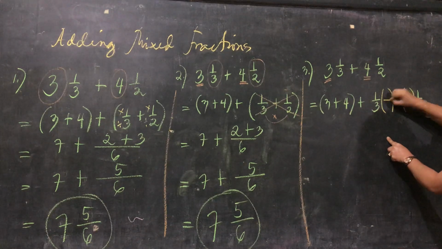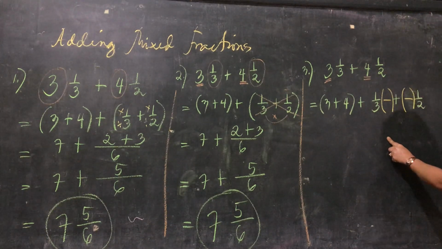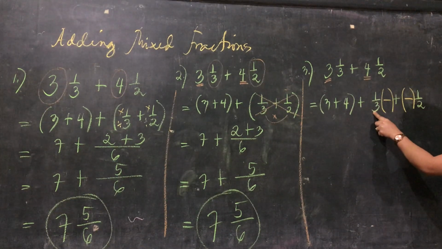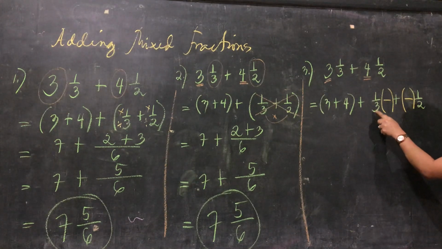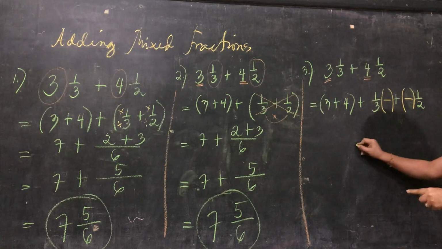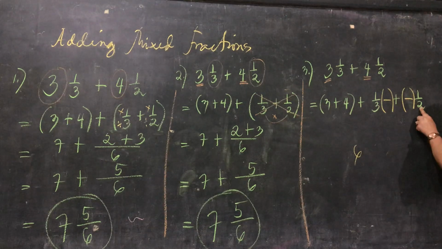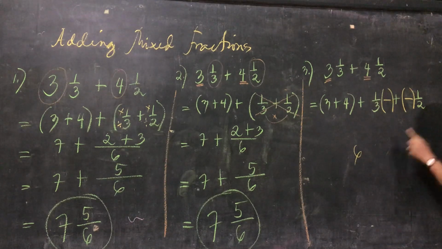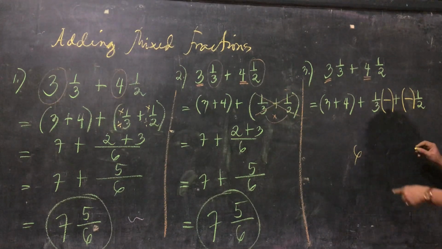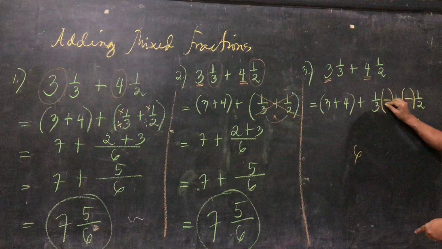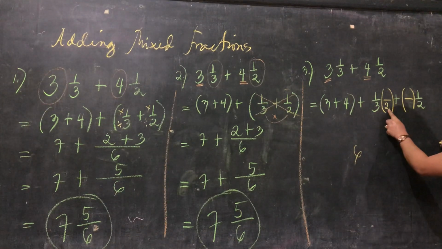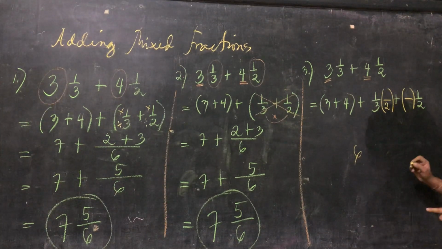Si 3, kung 2 ang atong i-times, 3 times 2, mahimo siyang 6. Unsa may i-times kang 2 nga mahimong 6? So pwede 3. 2 times 3, you have 6. Parehas na.